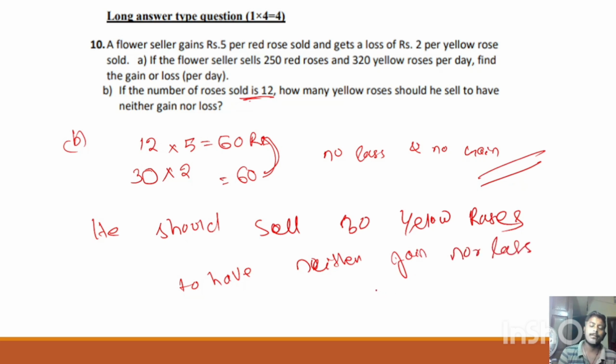Understand? Because when we sell 12 red roses, he gains 60 rupees. Then the question goes, how many yellow roses should he sell to have neither gain or loss? Must be sell 30, because one yellow rose loses 2 rupees.